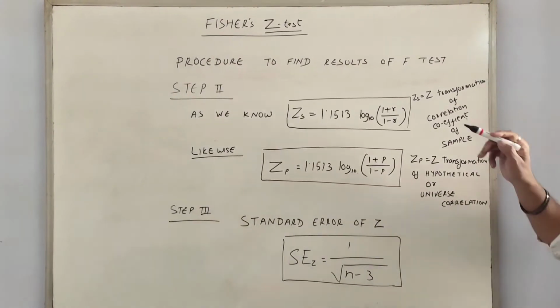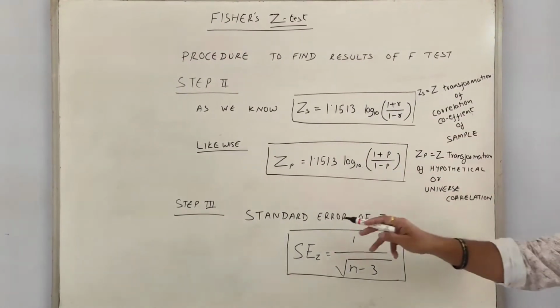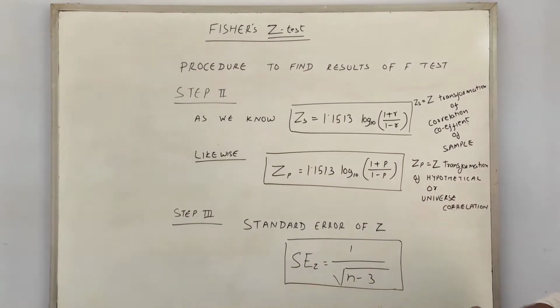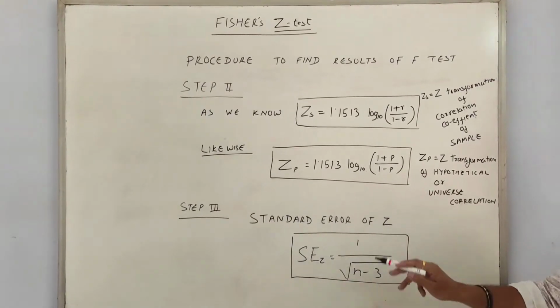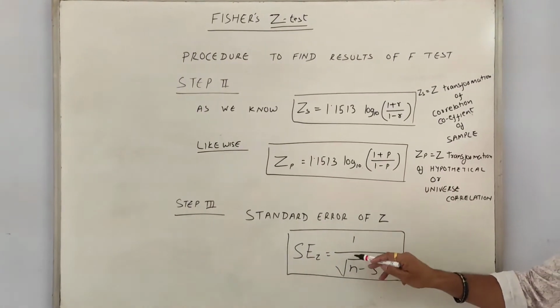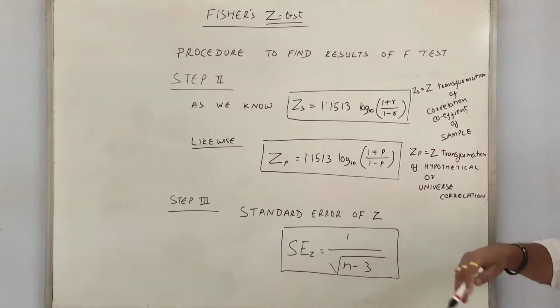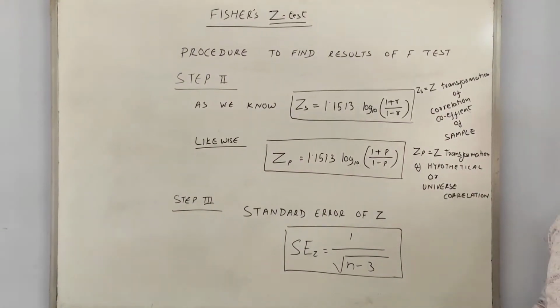And then after knowing these two things, we should know the standard error of Z. That also we will be finding. Standard error of Z will be 1 by the whole root of n minus 3. So now you know three things. Now we are coming to the final formula.